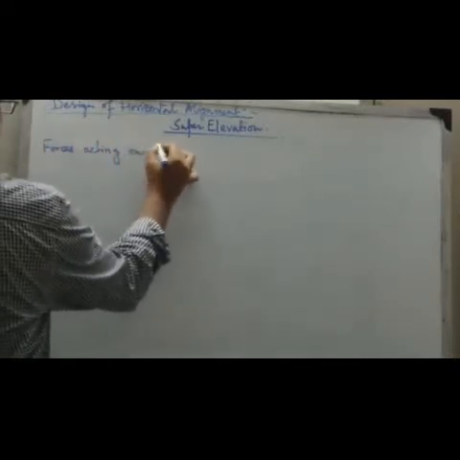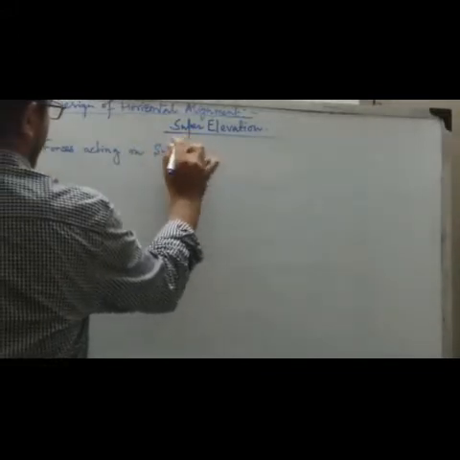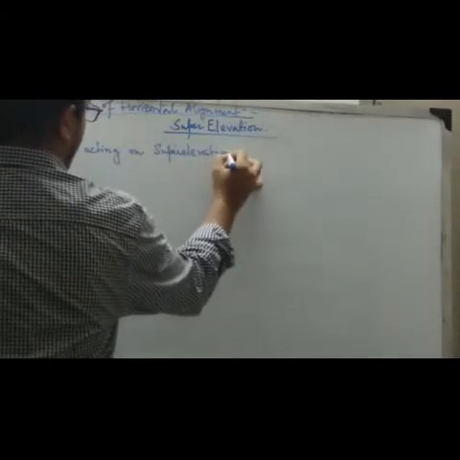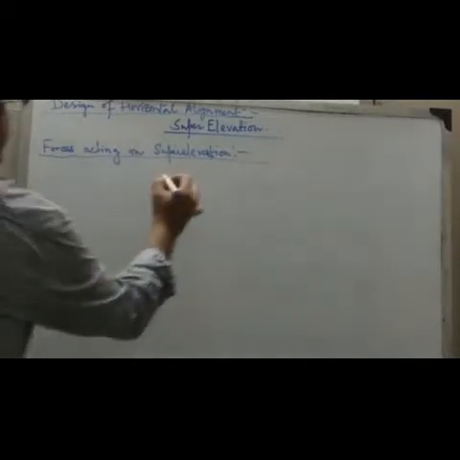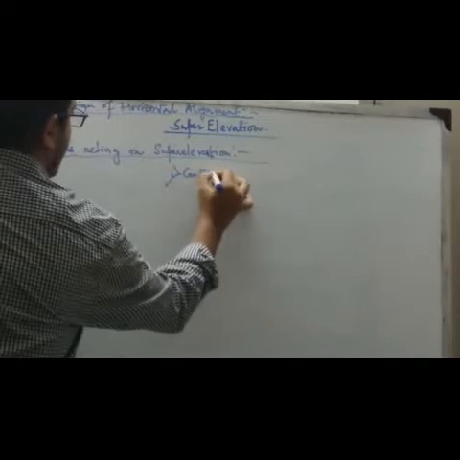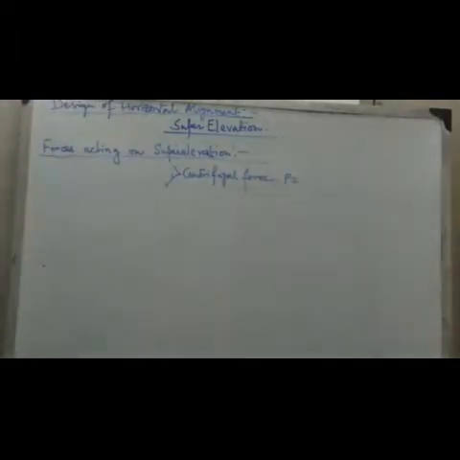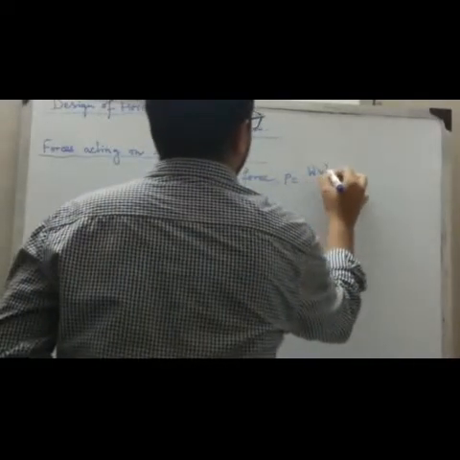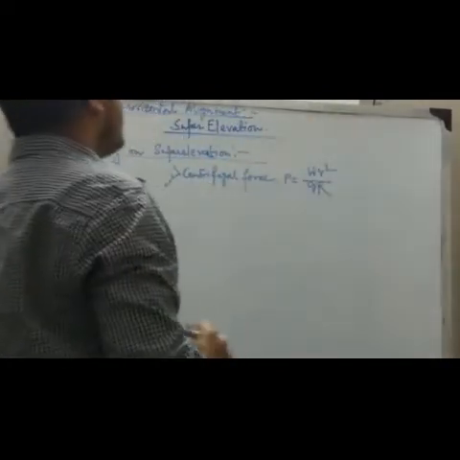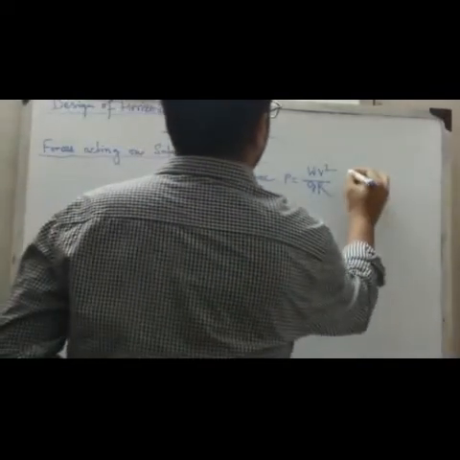First one is the centrifugal force, which is denoted by P, and this value of P is W V squared by G R, where W is the weight of the vehicle, V is the velocity of the vehicle, G is the gravitational acceleration, and R is the radius of the horizontal curve.